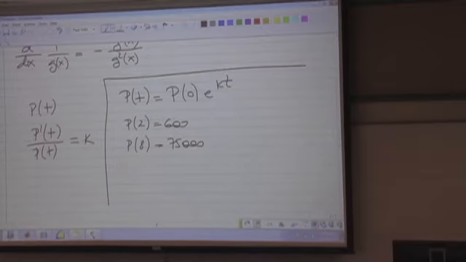So you technically have a system of 2 equations with 2 unknowns. That will basically be what it accounts for, because you have 600 is equal to P of 0 times e to the 2k, and then you have 75,000 is equal to P of 0 e to the 8k.